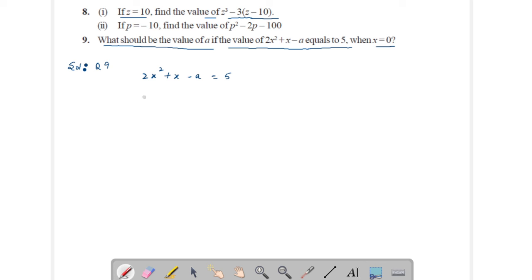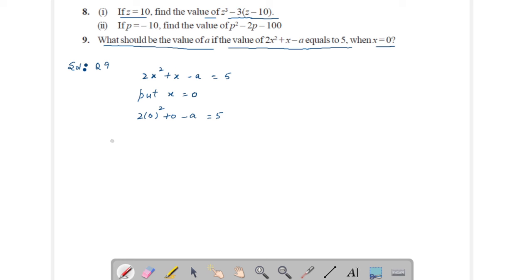Here put the value of x. X is equal to 0. What will you get? 2 into 0 square plus 0 minus a equal to 5.